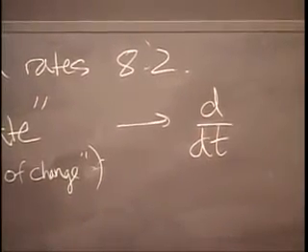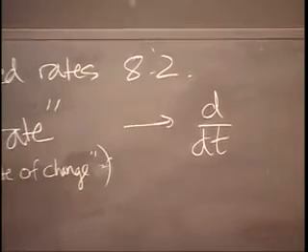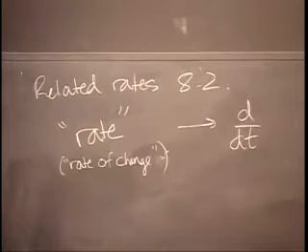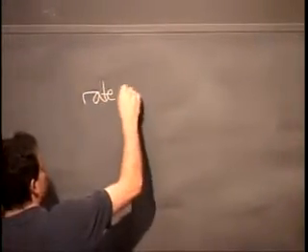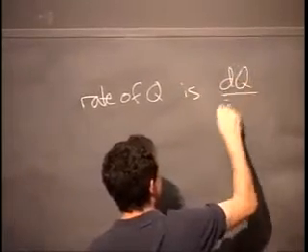It's rate, how fast is something changing? With respect to what? With respect to time. That's what I mean by fast, or change for that matter. Okay, so this means if you have a quantity Q, the rate of change of Q, or the rate of Q for short, is dQ/dt.